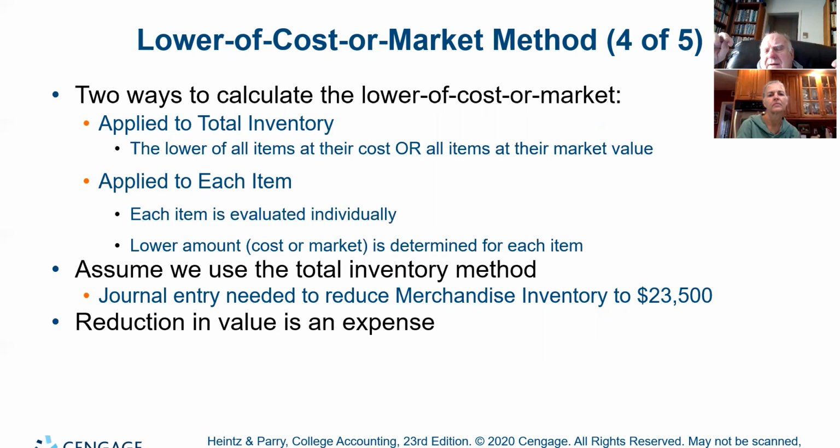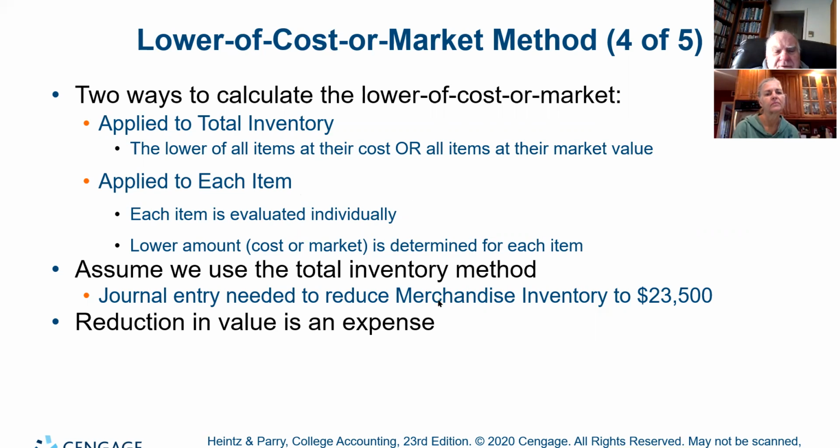The IRS and proper accounting don't expect you to know the exact price of every single item. But overall, in the aggregate, you know that this type of screw is no longer selling at what you thought it was, and you can make an entry on that basis. So it can be applied to the total inventory in aggregate or to each item.